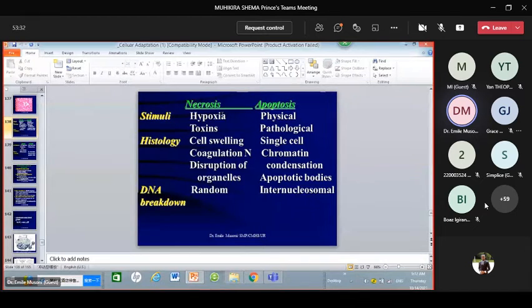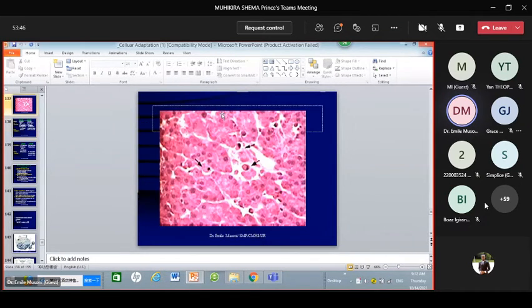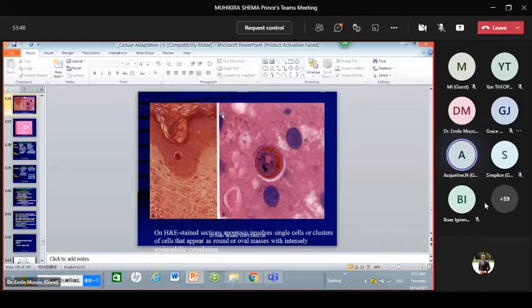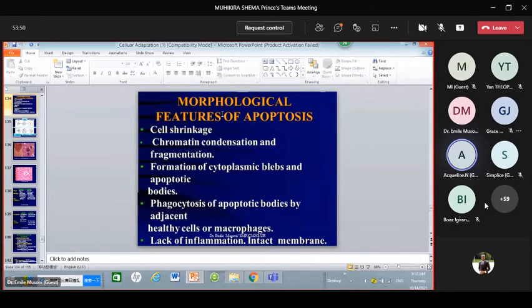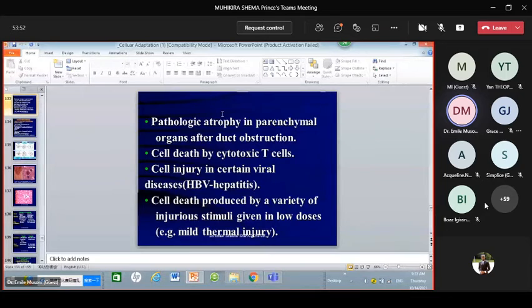Question. Yes. You say that apoptosis is cell death. What do you mean by cell death? I am saying apoptosis is a programmed cell death. We have seen it in your embryology.